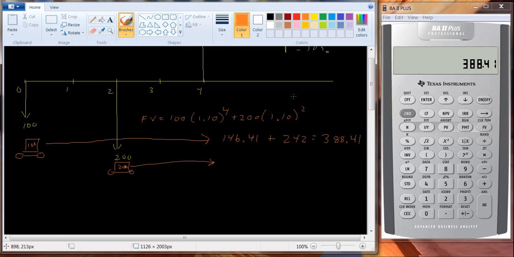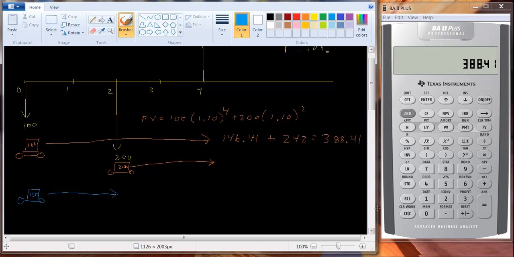Now, another way we could do this is we could have the $100 meet the $200, and they could drive in together. All right, kind of a silly concept, I guess, but to show you that there are a lot of ways to do this, and we should get the same answer. All right, let me change my colors here. I'll try blue. All right, so in this case, this 100 is only going to drive to here.